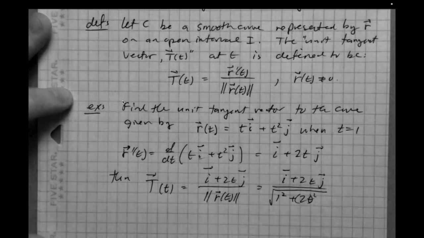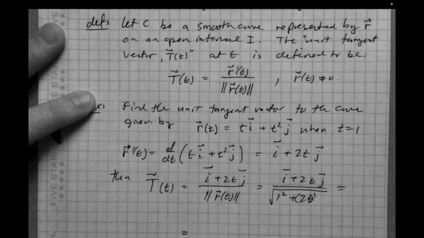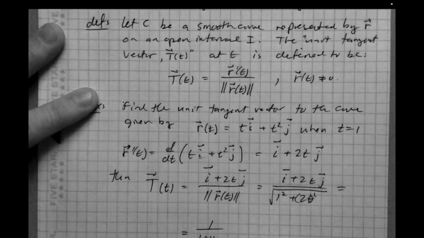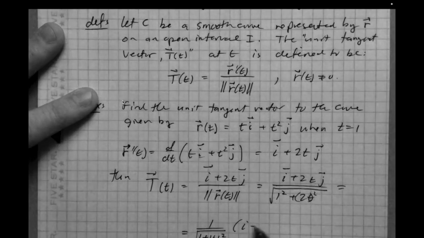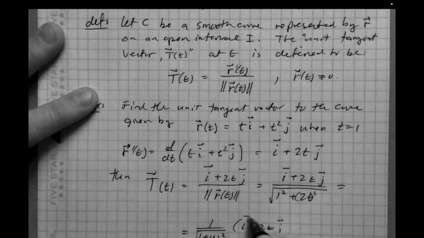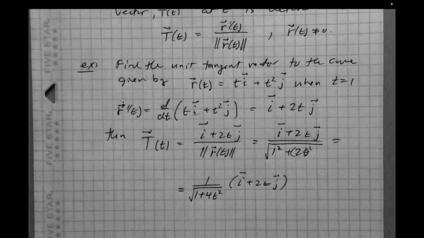And so we get 1 over the square root of 1 plus 4t squared, and then the vector i plus 2t j. So that is the unit tangent vector in general. Now we want to know specifically what the unit tangent vector is when t is equal to 1.